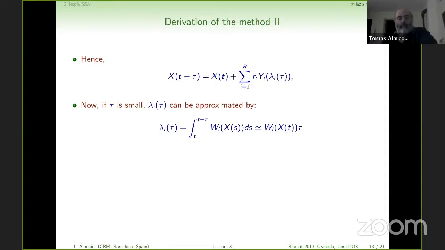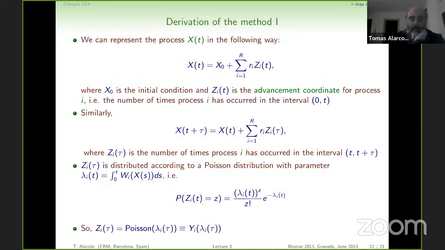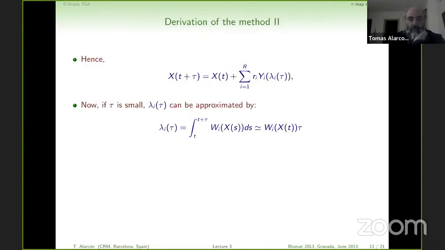But if tau is small, this integral here that gives us this lambda I can be approximated in this way. This is a very, very rough approximation, but if tau is small and these W functions satisfy some conditions, it should be a reasonably good approximation.